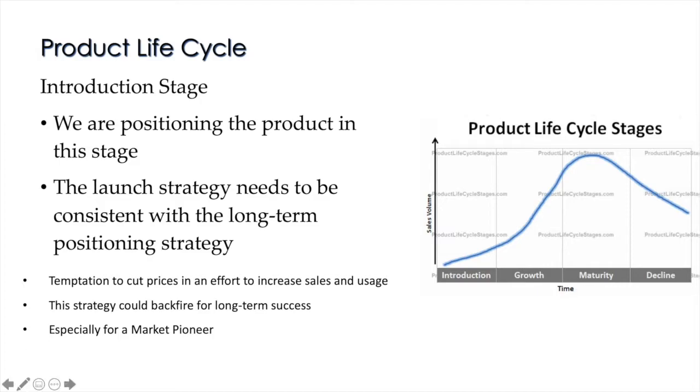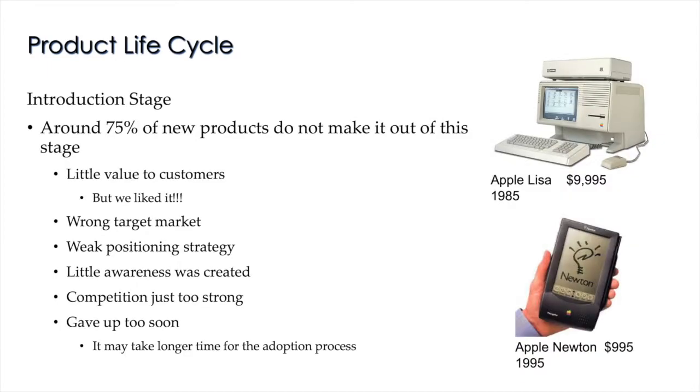So you could be backfiring by cutting the price too quick, especially for a pioneer that has an amazing product or service, and now we're almost giving it away. So some of the decisions that are made in here.